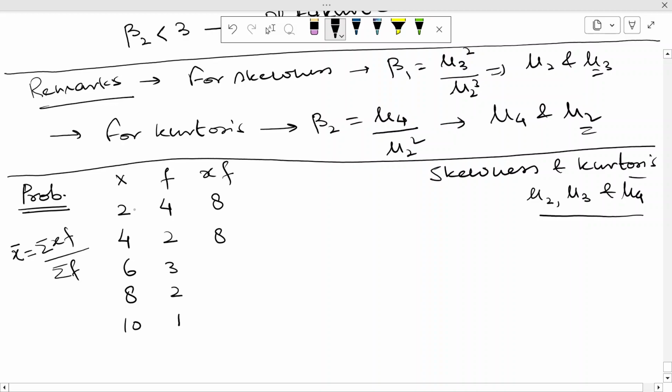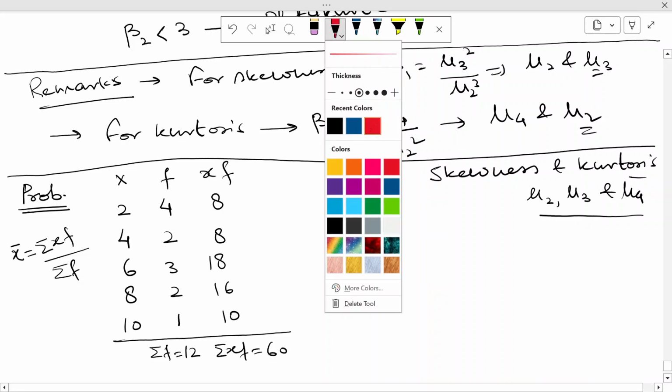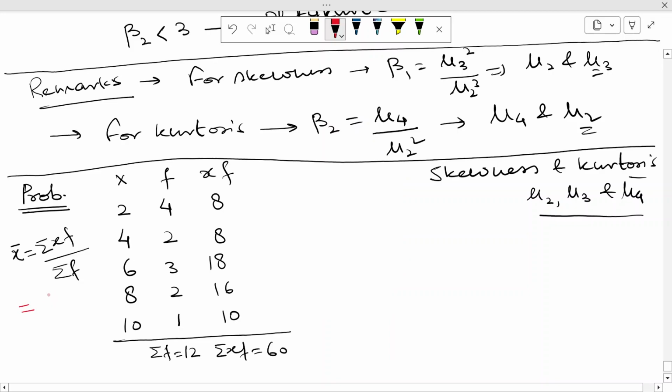Multiplying these two quantities we get 8, again 8, then 18, 16, and lastly 10. Summation f is coming out as 12, while summation xf is coming out as 60. Putting these values in this formula, the mean is coming out as 5.